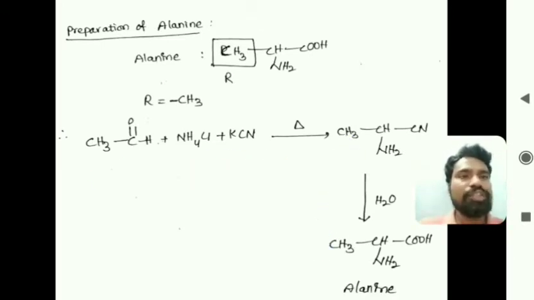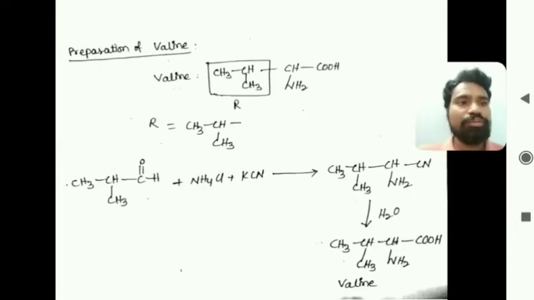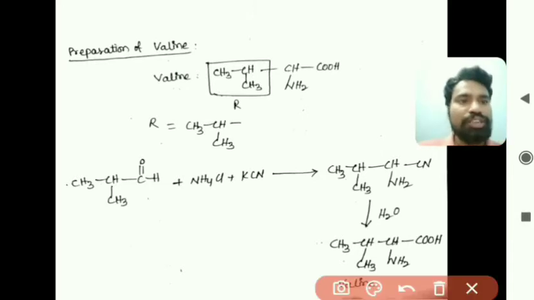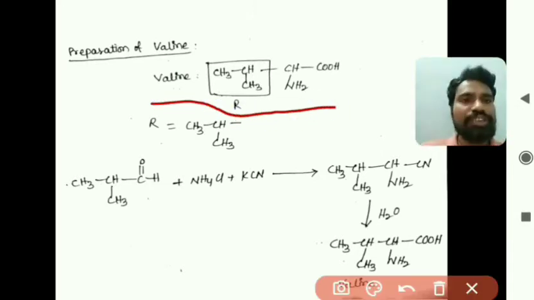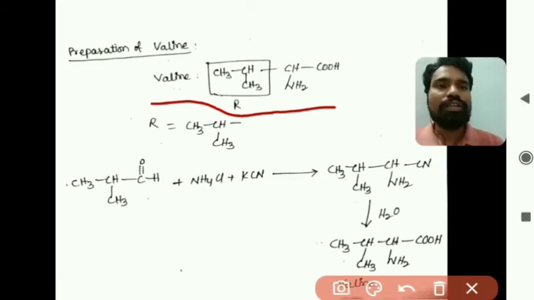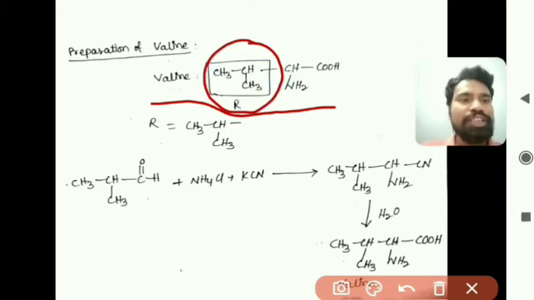Next is preparation of valine through the Strecker synthesis. Here the structure of valine is CH3CH(CH3)CH(NH2)COOH. This valine contains an alkyl group, that is the isopropyl group, CH3CHCH3.